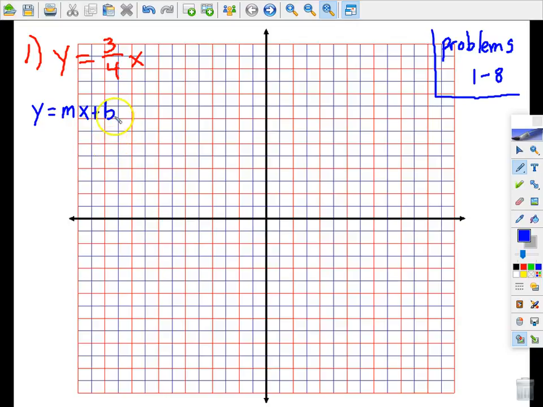And I know some people get a little turned around and they plot this number on the x-axis. If that's something that you have trouble with, make sure you focus really hard on this lesson and train yourself to get out of that bad habit.